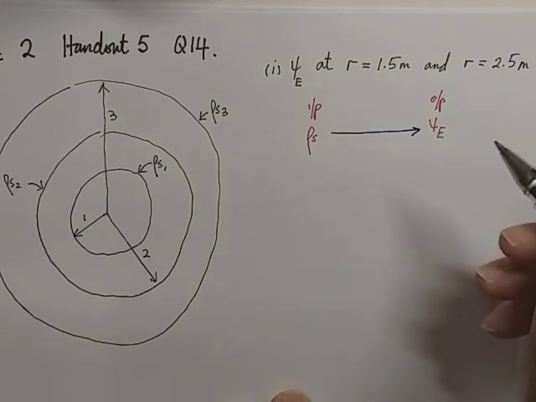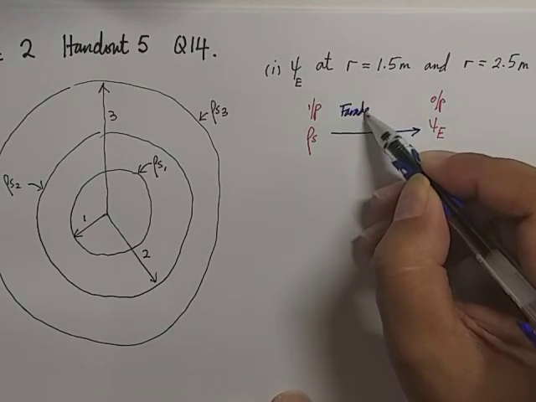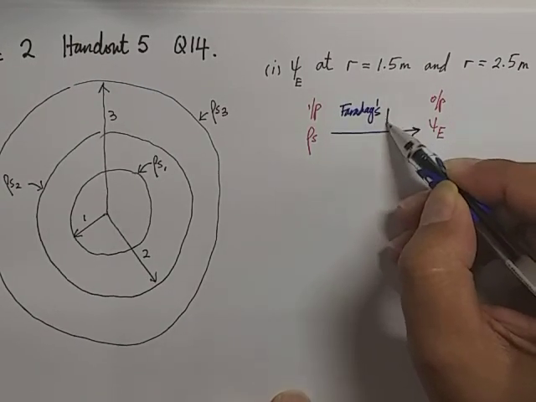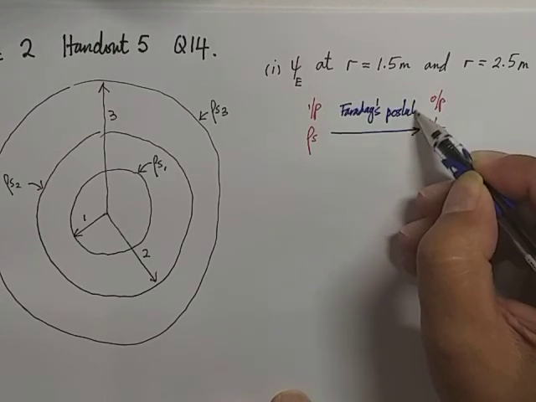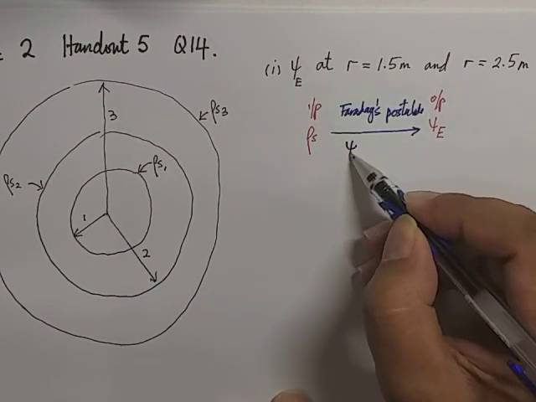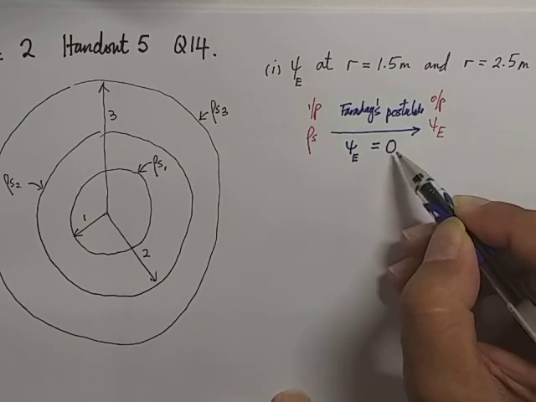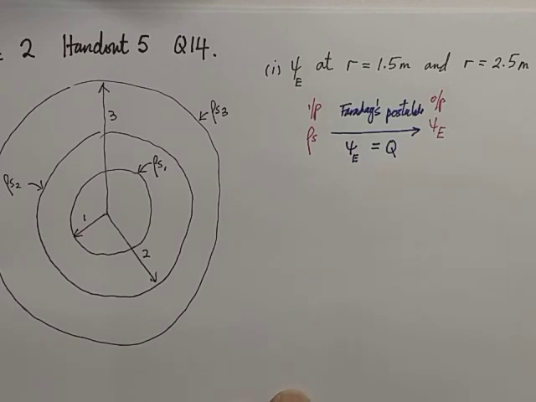We have been informed about Faraday's postulates. What does this statement mean? Remember that we are saying the number of lines is equal to the charge. This is what we stated earlier in our discussion.